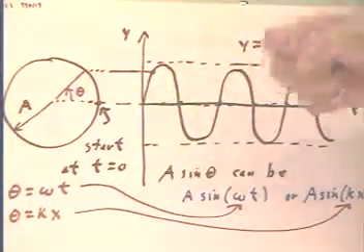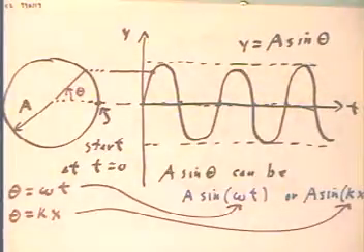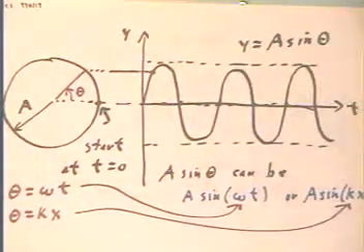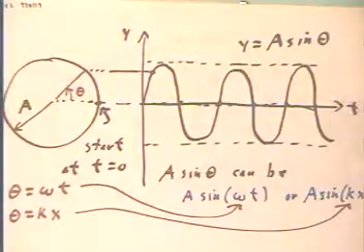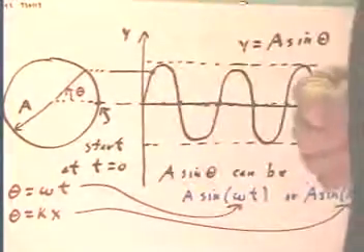Theta can also be related to the position x along a wave. If this is a snapshot of a wave traveling down a string, or a wave in the ocean as seen from a side view, then we might have x instead of t here, where x represents our position along the wave. As the position along the wave changes, we're going to think of theta on our reference circle changing.